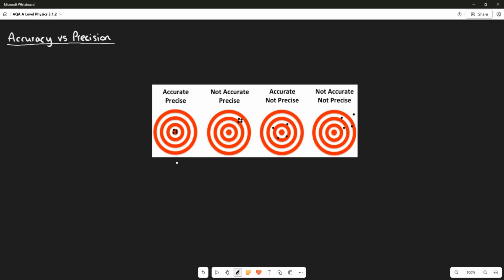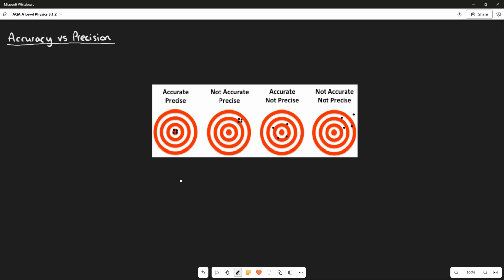Okay, so each of these diagrams represents a target, and the black marks on the targets represent where we have managed to hit the target. Maybe it's an archery competition, maybe a shooting competition, but this will illustrate the difference between accuracy and precision. What we want is to be hitting the center of the target, and in science we want to be getting data that is as close as possible to the true value.